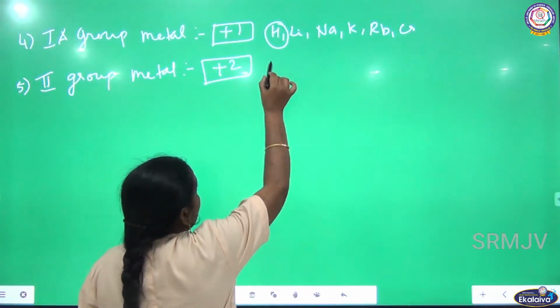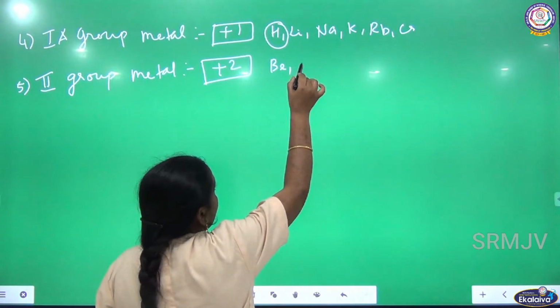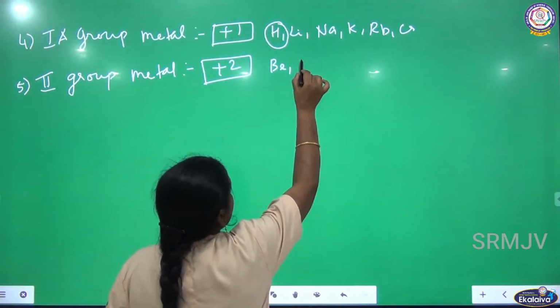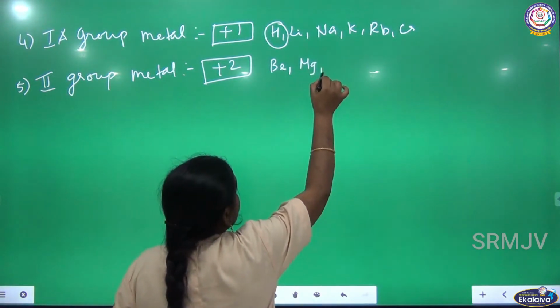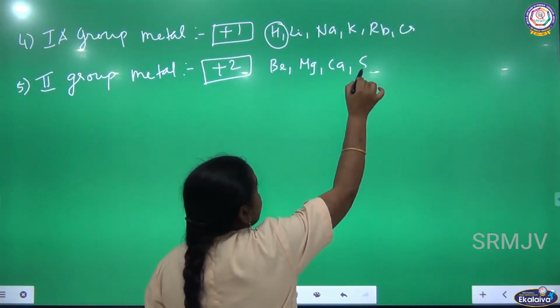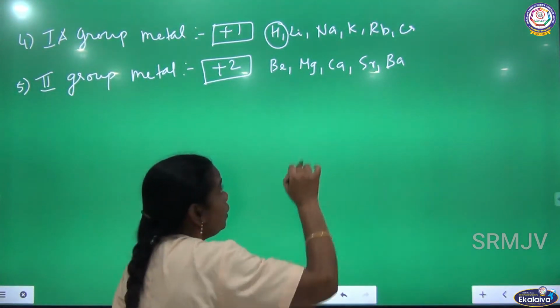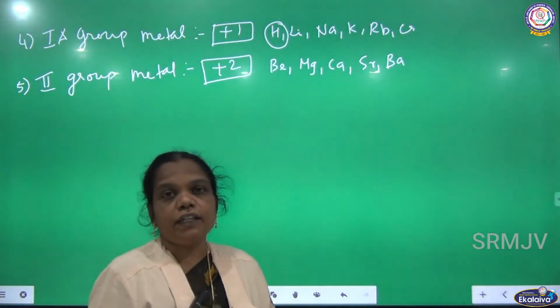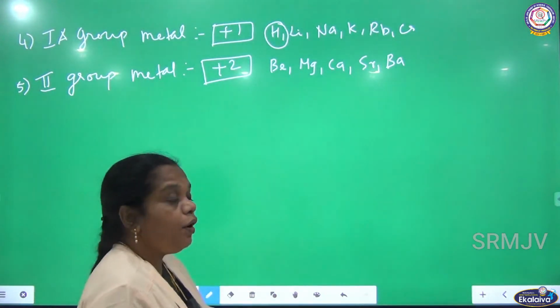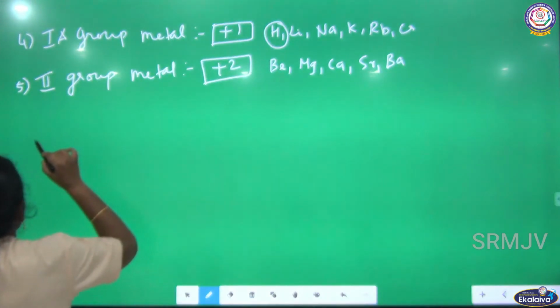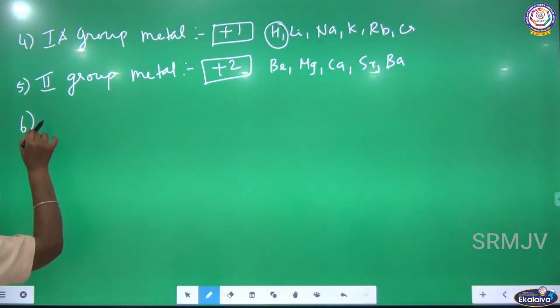Example, beryllium, magnesium, calcium, strontium, barium, these are all +2 oxidation state. And next one is fluorine.